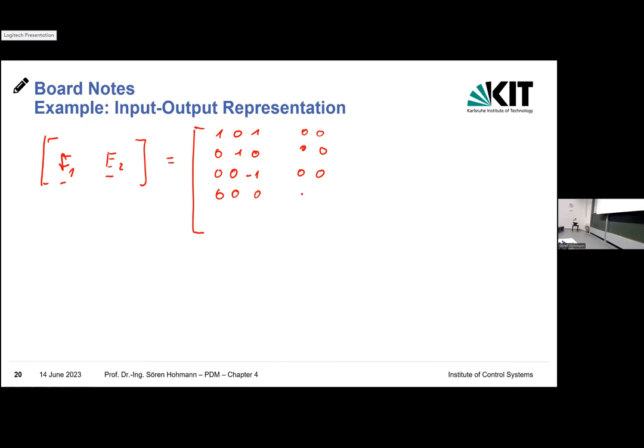-1, 1, and 0, 0, 0, 0, and 1. Okay, so what you already see by simple inspection, it's not always the case, huh?